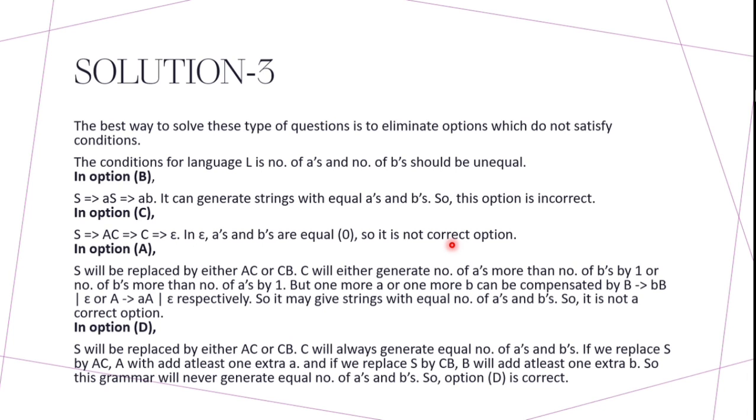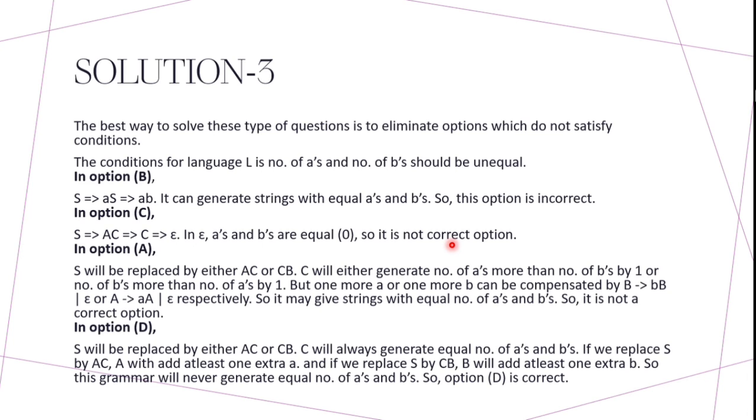The condition for L is that the number of A's and number of B's should be unequal. In option B, S goes to SS, and it generates a string with equal A's and B's. So option B is incorrect.